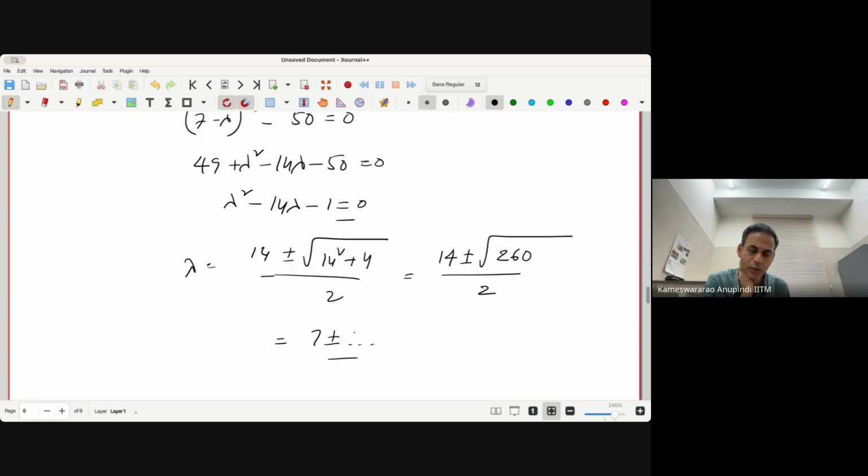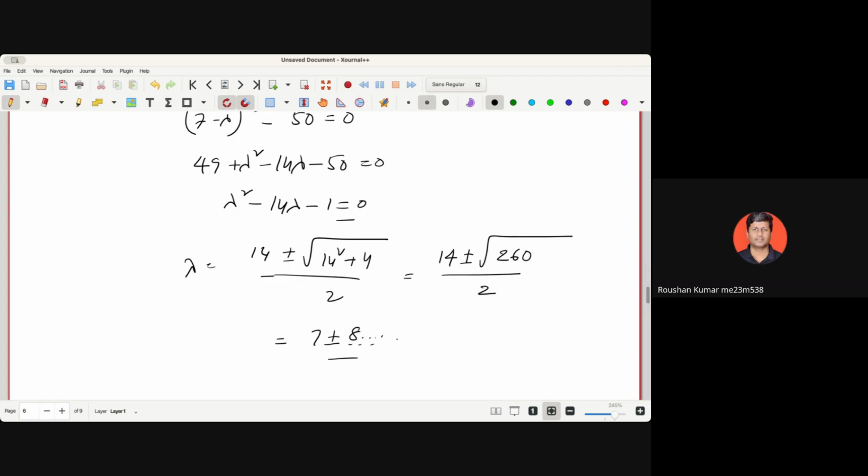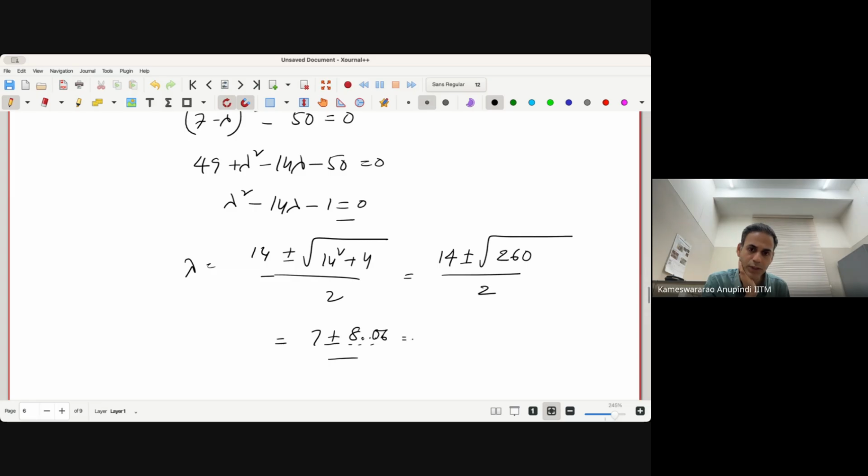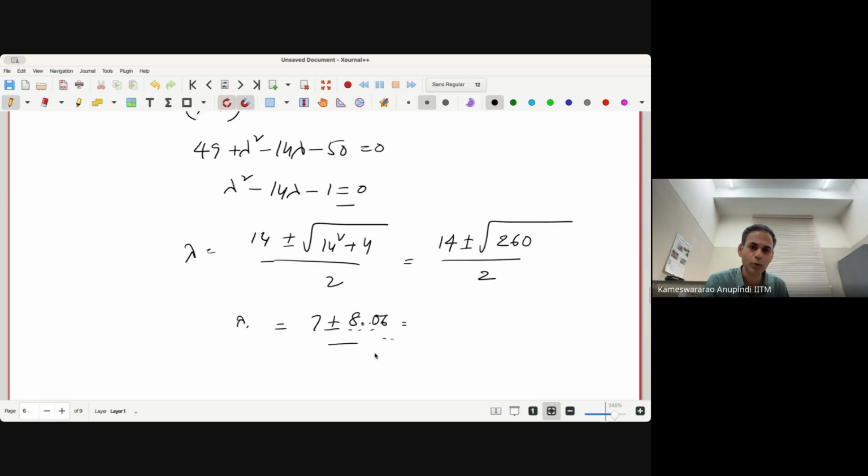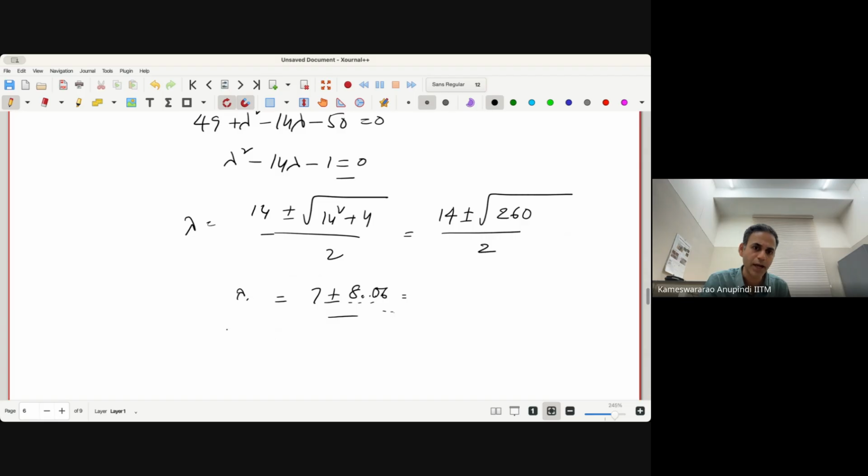Simple. That is some 8 point something, yeah, 8.06. You'll get some value. So I think it may be different from this thing, you can check that. So this will also come out to be a few hundreds. The lambda max and lambda min also will come out to be a few hundreds.